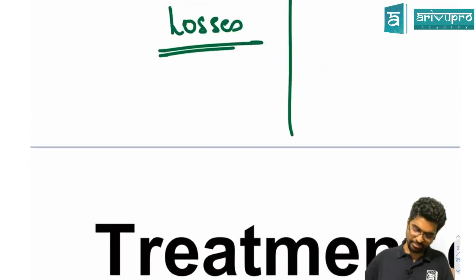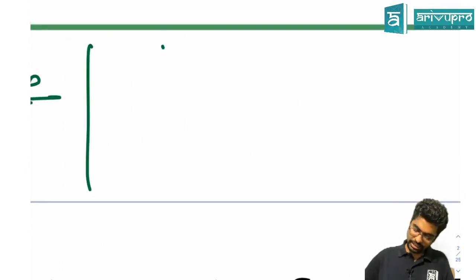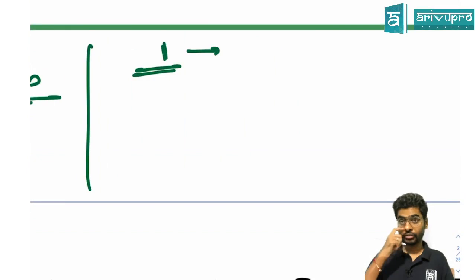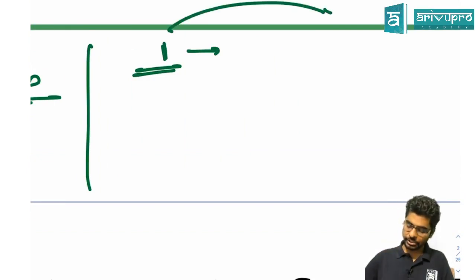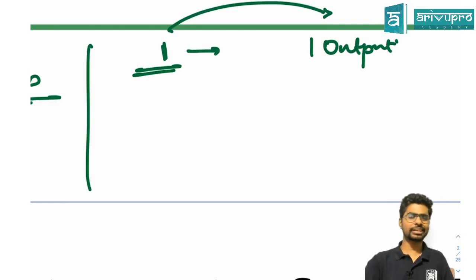See, for example, remember this: if I am putting 1 unit of input, I expect 1 output. Correct? Generally that's how it is. 1 unit of input should give me 1 unit of output. Yes or no?